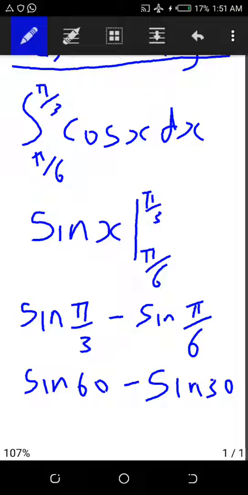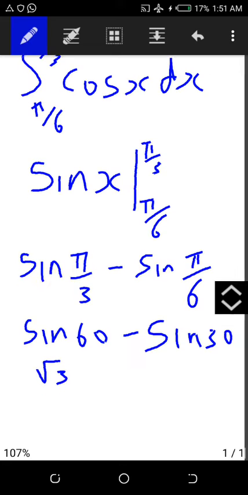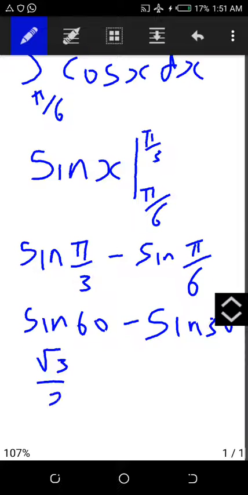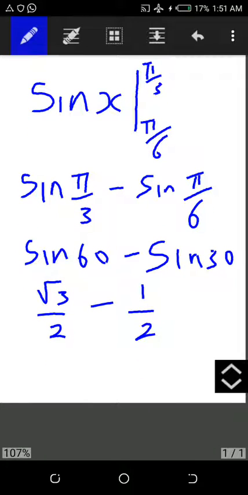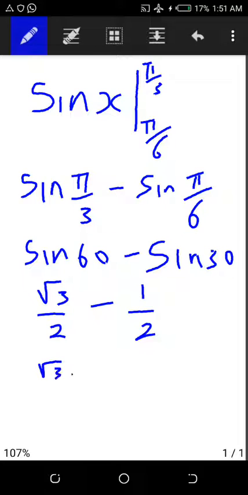Then solving, sine 60 degrees, by your trig identities, is equal to root 3 over 2 minus, and then sine 30 is equal to 1 over 2. And altogether this evaluates to give us root 3 minus 1 all over 2 as our answer.